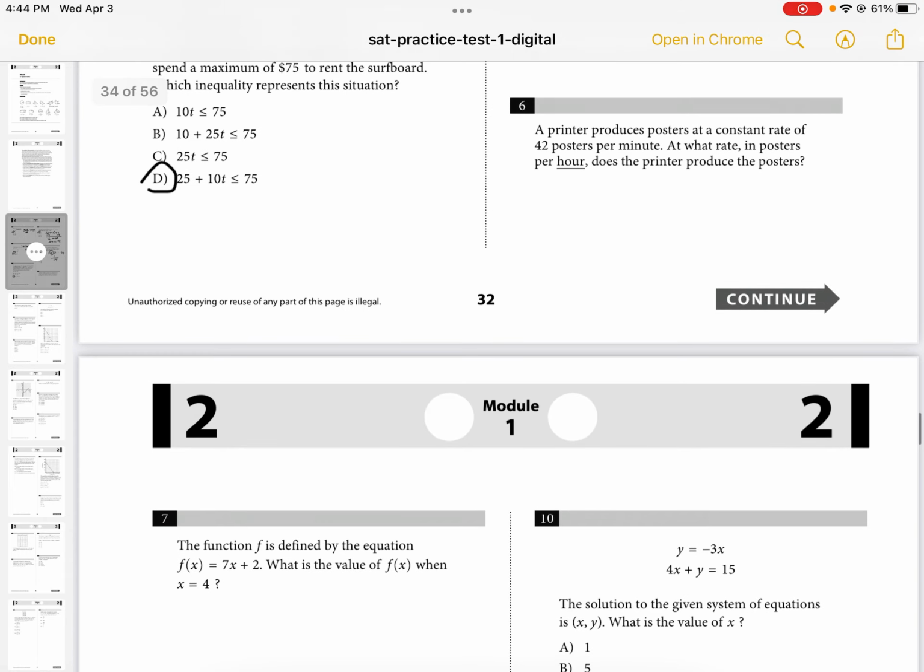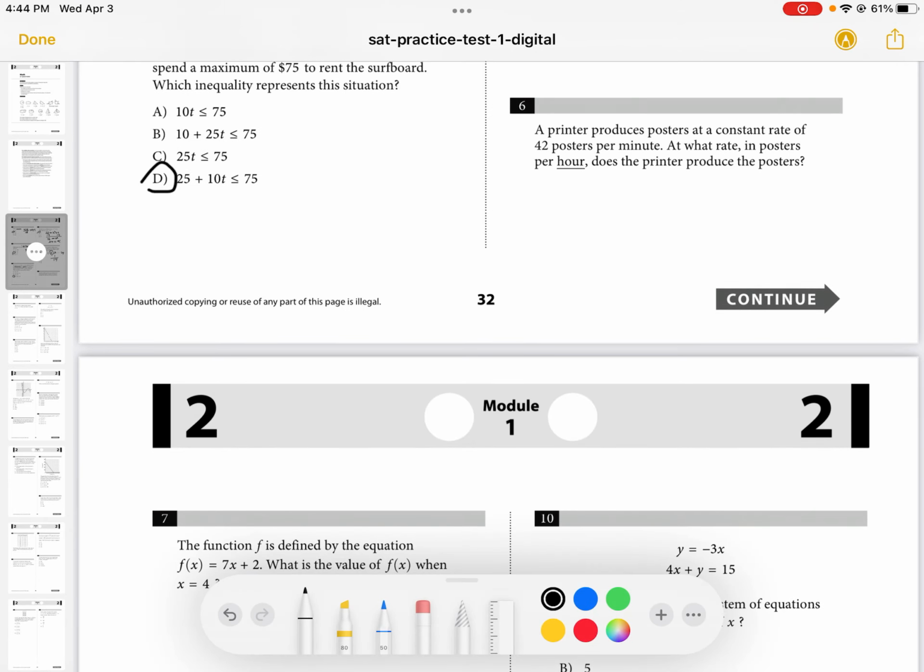Number 6. Okay, so this one is open-ended. We need to put in your answer. A printer produces posters at a constant rate of 42 posters per minute. At what rate in posters per hour does the printer produce the posters?